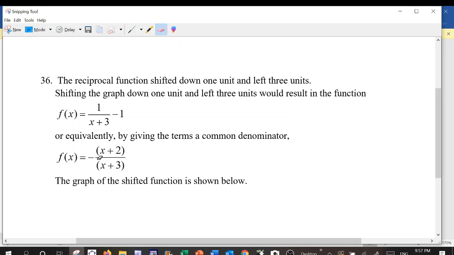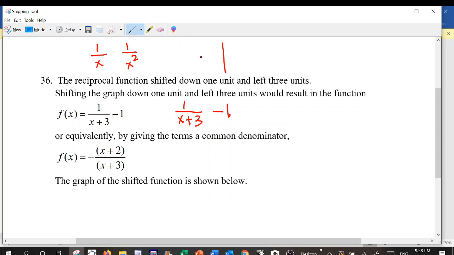Sometimes if you see a rational function like that, it might be related to 1 over x or 1 over x squared. Obviously, this doesn't look like transformations of 1 over x, but if you divide, this one looks like transformation of this, right? So you start with 1 over x, then you move it horizontally to the left, and then down 1 unit, right? So you can graph this easily this way.